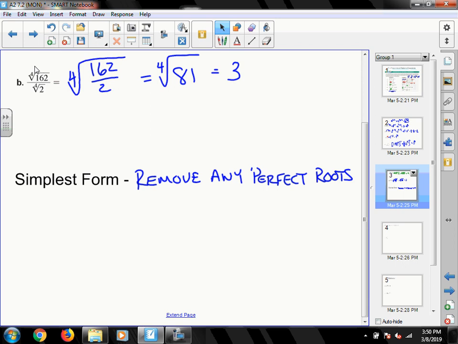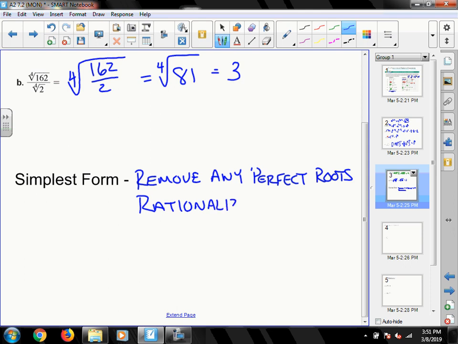And then we need to rationalize any denominator.